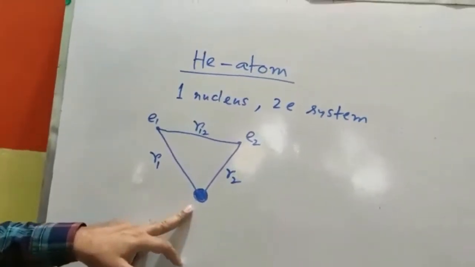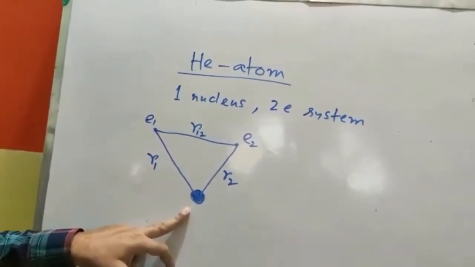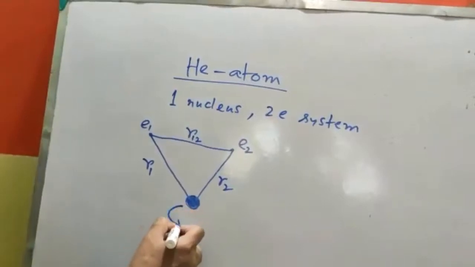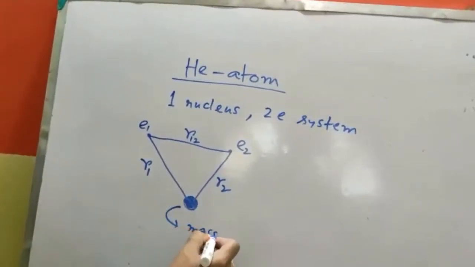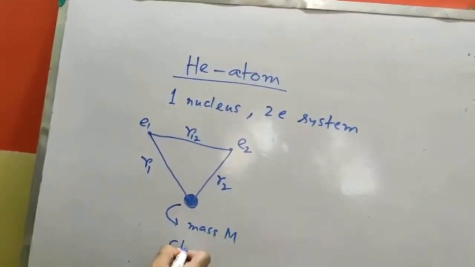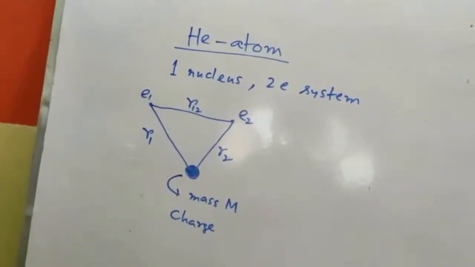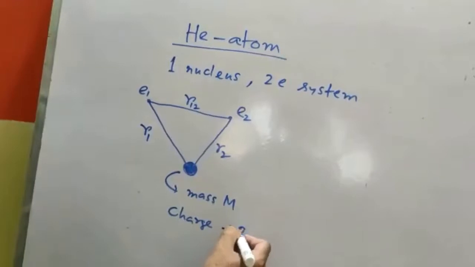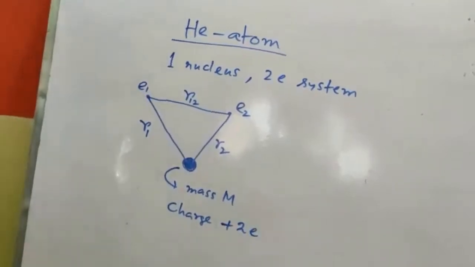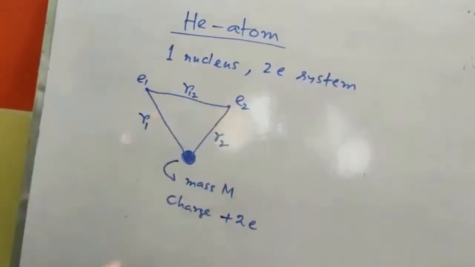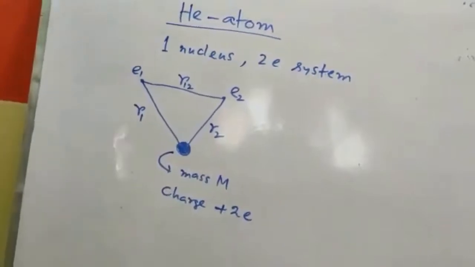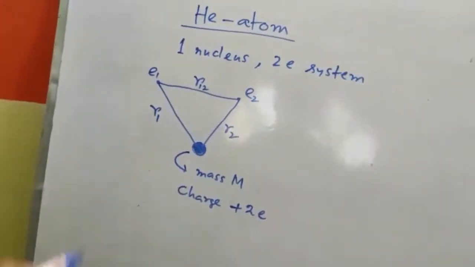This nucleus has a mass capital M, and charge plus Ze, and for helium this is plus 2e. And these two electrons are the same, and they have the electronic mass me.